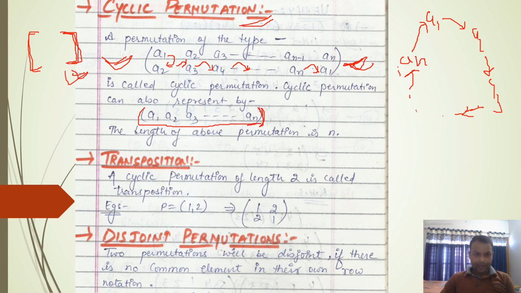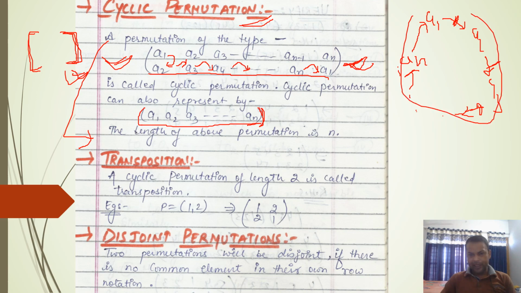Now the next type of permutation is the transposition. Here, this is the first joint, this is the second joint, this is the third joint, so the total number of joints is n. So the length of this permutation is n.